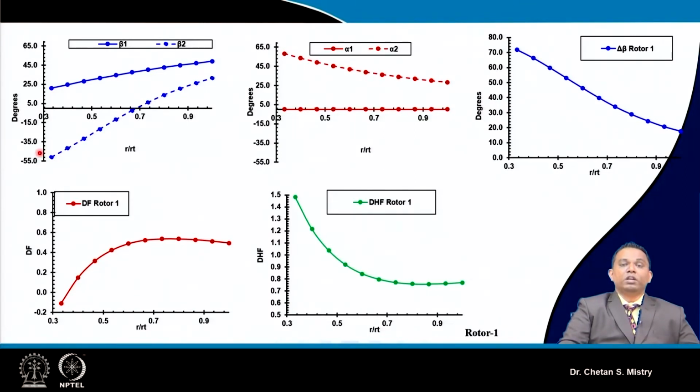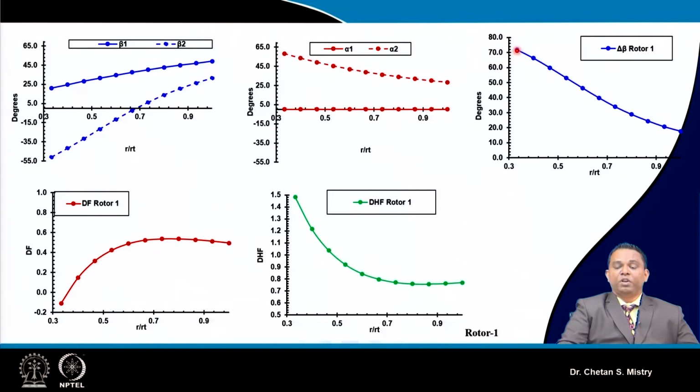Now if you look here, this represents how my beta 1 and beta 2 are varying along the span. This is representing the span. For the free vortex concept and rotor 1 design, we have a larger delta beta near the hub region, and near the tip region this angle gets reduced.